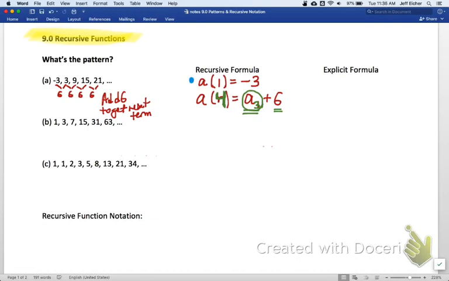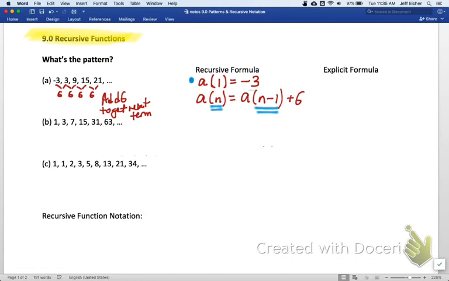So the way that we address that is we're going to have a sub n, whatever term, n term we're on, we want to take a of the term before it, n minus 1, and then that's what we add 6 to. So this notation can be a little tricky, like understanding what this is representing and what this is representing. So let's just try this.